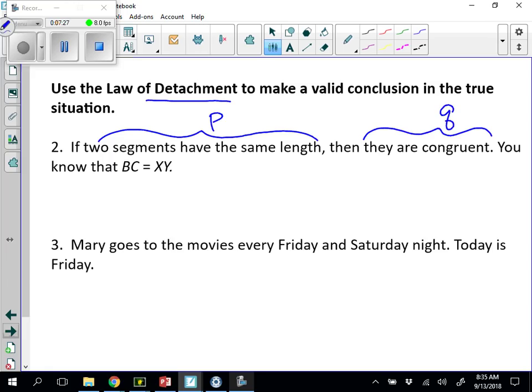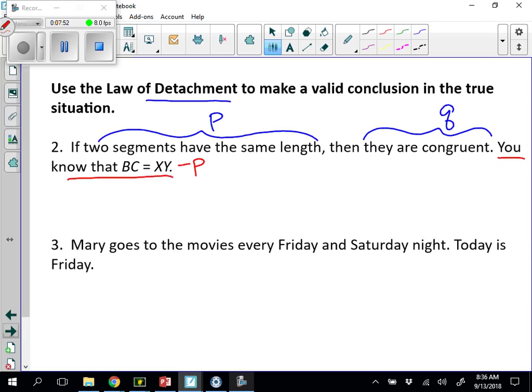So the law of detachment says that if the hypothesis is true, then the conclusion is true. Okay, so I have now encountered this situation. You know that BC equals XY. So I have encountered 2 segments being the same length. So this matches the hypothesis. So the law of detachment says I can assume the conclusion will occur.